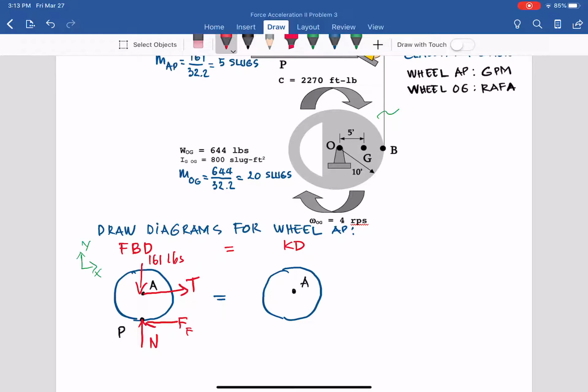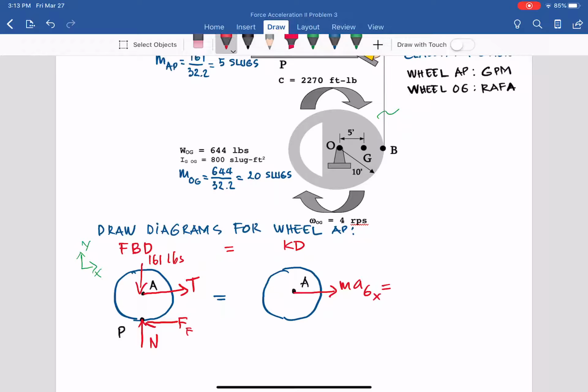Now wheel AP is a general plane motion body, so it translates to the right and rotates clockwise, and A is always moving parallel to the horizontal surface. So we have m a_x.